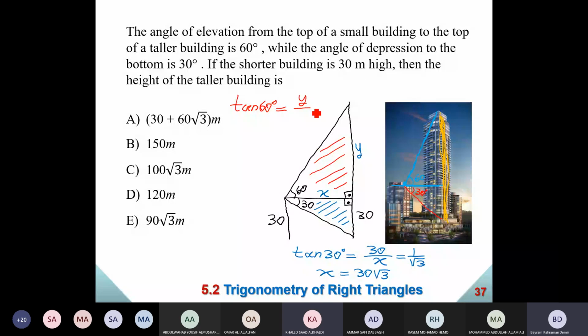So y is equal to x times root 3. Well, x times root 3, which is 30 root 3 times root 3, will be 90. Y is equal to 90. Now, what is the height of the tall building? 90 plus 30 is going to be 120.